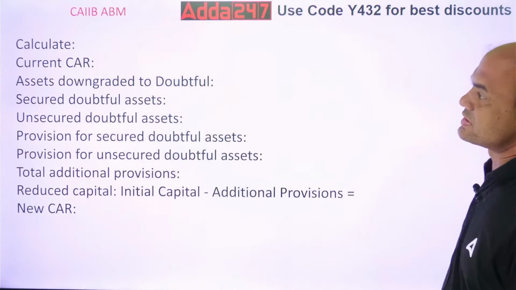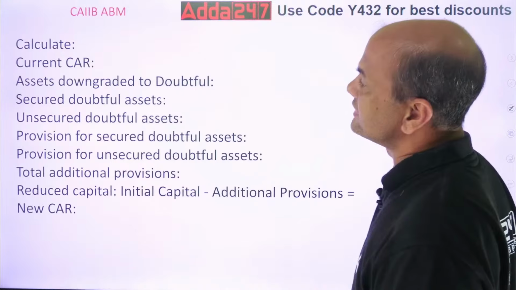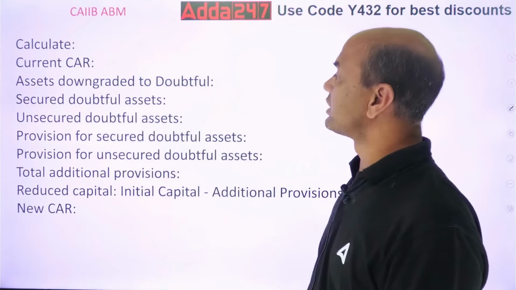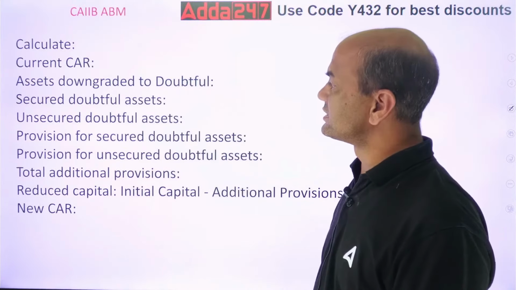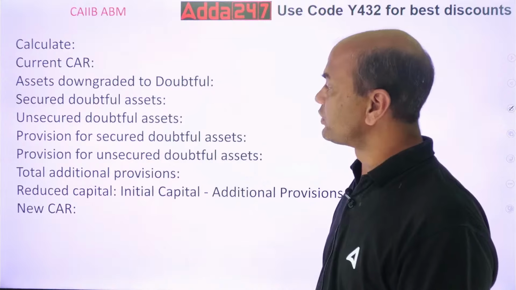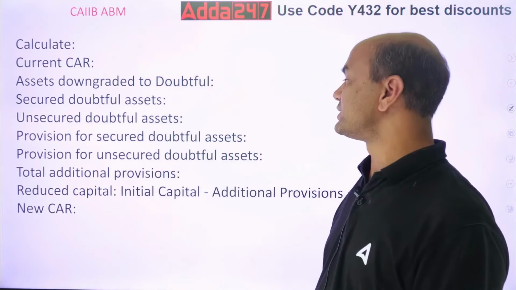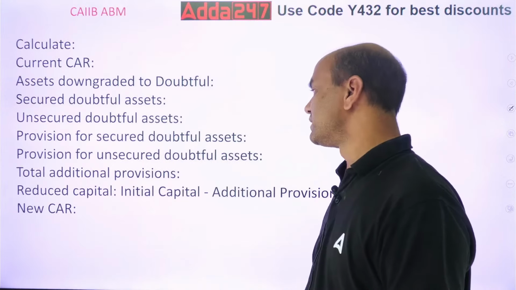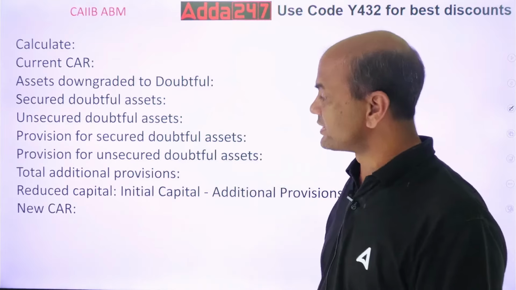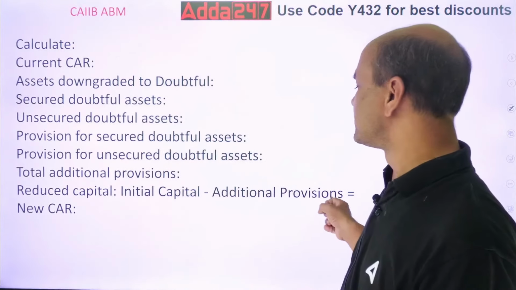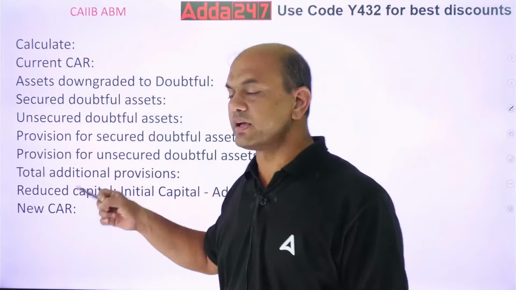So what are the questions? Calculate current CAR, meaning capital adequacy ratio, assets downgraded to doubtful assets, secured doubtful assets, unsecured doubtful assets, provision for secured doubtful assets, provision for unsecured doubtful assets, total additional provisions, reduced capital, initial capital minus additional provisions, and new CAR.